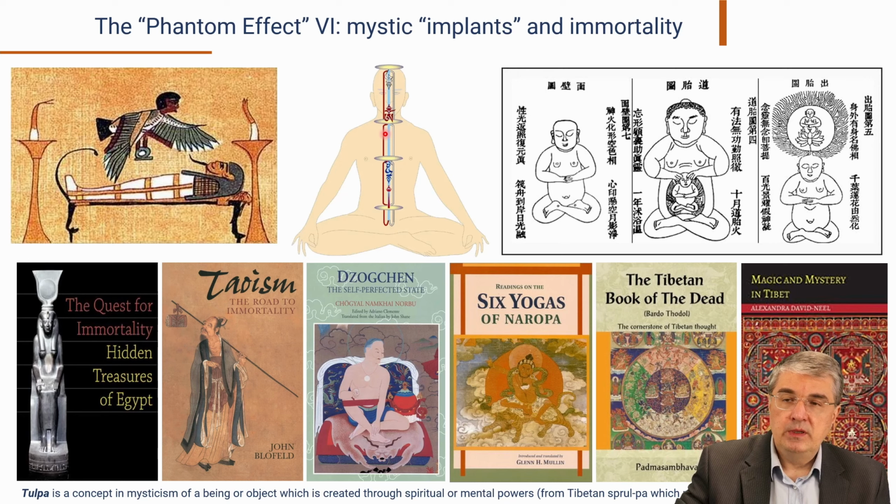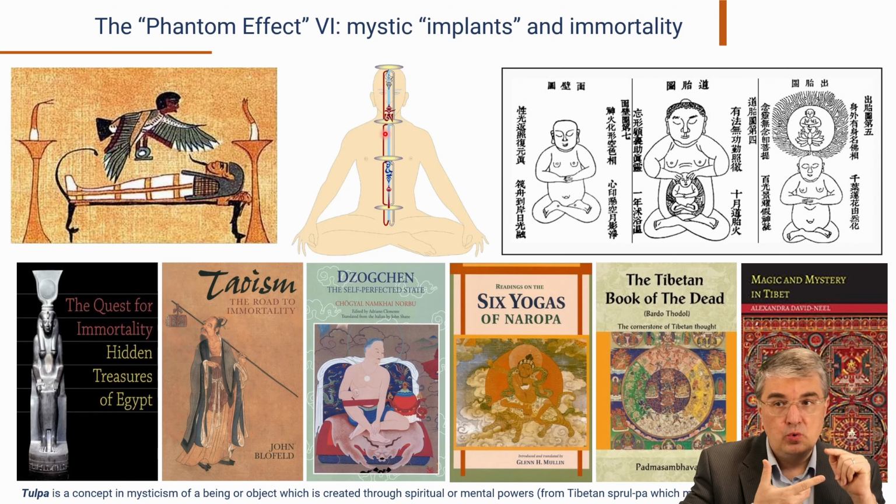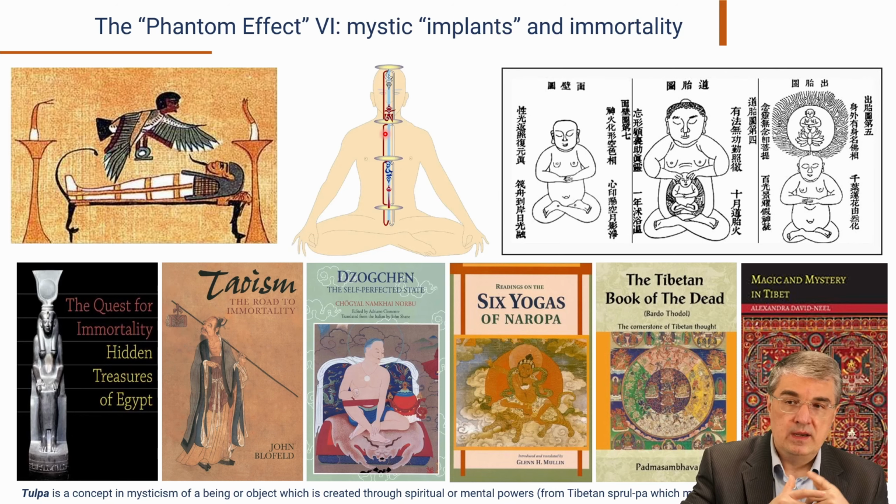In this implant, what is important, first of all, is the exact place where a human operator should focus to install it. Second, as for functionality, there is a very detailed description of how to achieve it, for instance in some techniques like the Six Yogas of Naropa. And finally, the operator should practice for a long time to maintain this functionality.